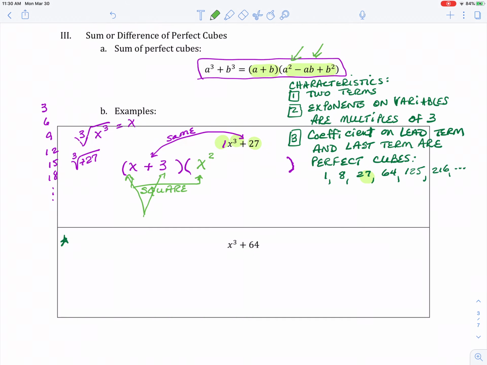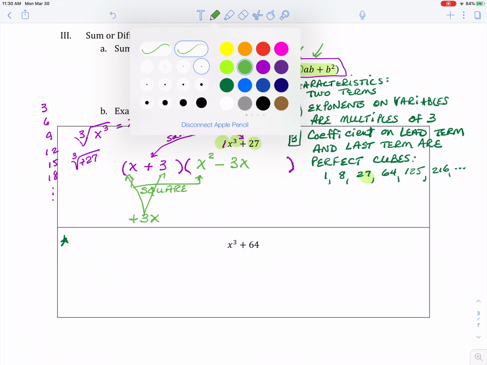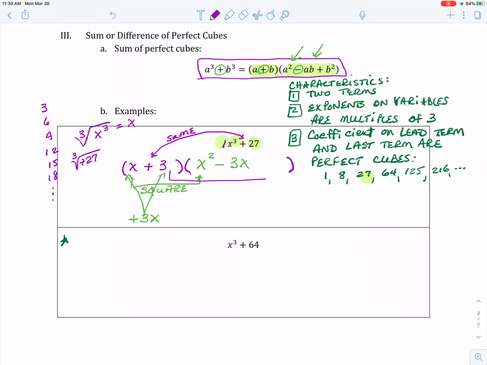Multiply these two terms together to get positive 3x. And then in the answer, you go with the opposite sign. So you notice how this sign up here is the opposite of what you see back there in the original starting amount and in that first binomial factor. And then to get the very last term, you take the last term, which in this case is the positive 3, and you square that. And that gives me positive 9. So there is my answer.